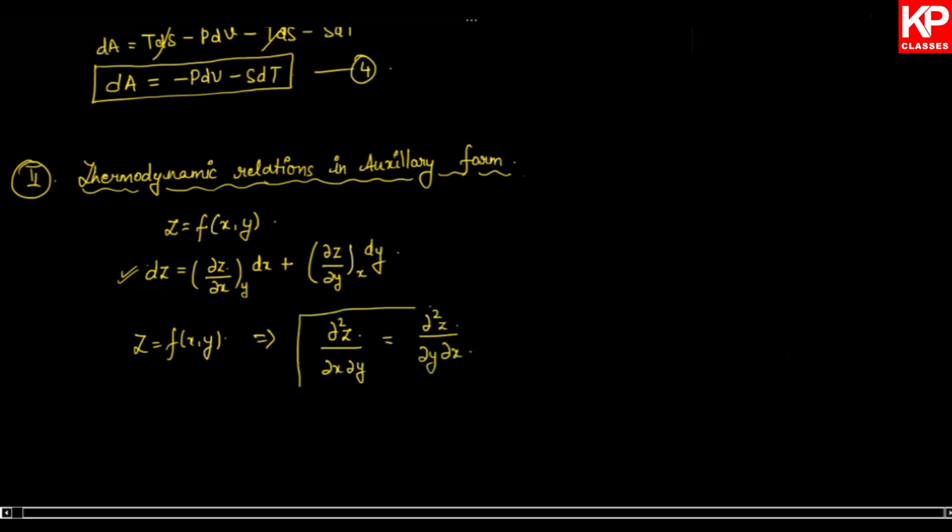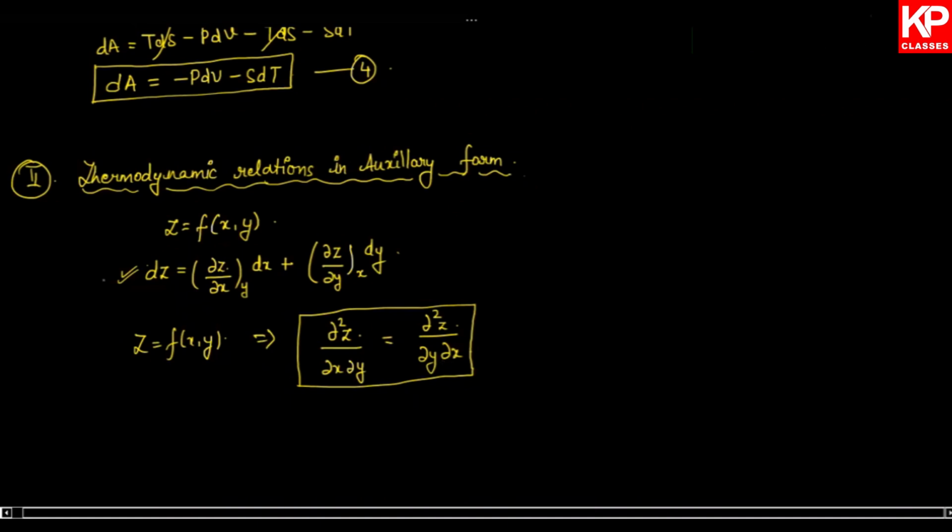A function is said to be a state function when its double differentiation taking x first and y second is equal to its double differentiation taking y first and x second. So we have already seen this relation.